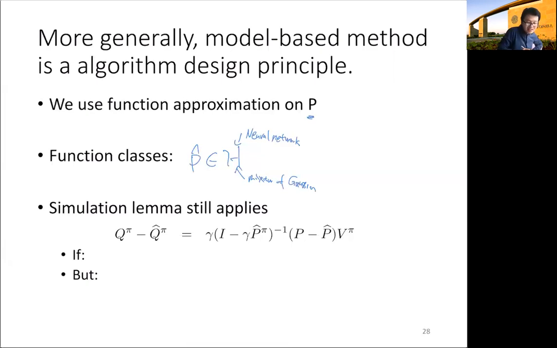So this P hat doesn't necessarily perfectly approximate P, or rather P might not be inside H. So there is approximation error somewhere. I guess the simulation lemma would still apply, provided that this P hat is a valid probability distribution. Then you can create a synthetic MDP, and on this synthetic MDP you have the simulation lemma. Now this term is not going to vanish, right?